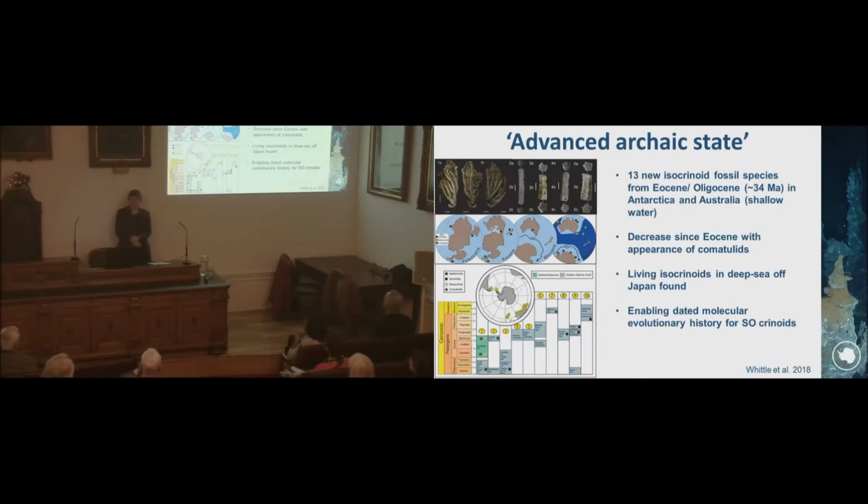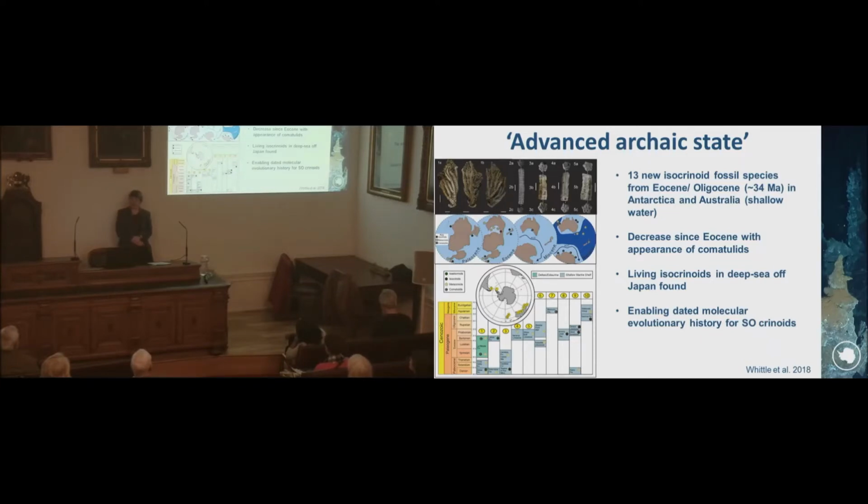They were actually going through the sand sitting in museum collections to find the little crinoid stalks to identify those. And they found 30 new isocrinoids, these really old-fashioned fossil species, until the Eocene and Oligocene in the shallow waters of the Antarctic and Australia.